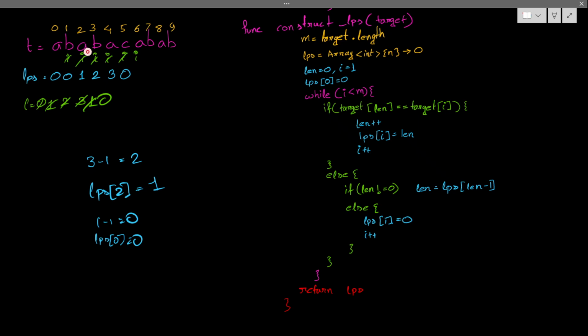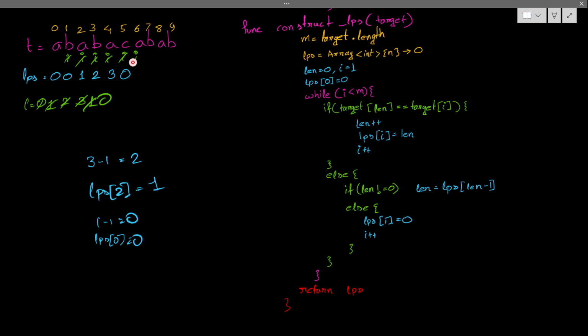Sorry, LPS of length minus 1. So length minus 1 becomes 2, and at index 2 it is giving me 1. So length becomes 1. So again I have to check the same index, length of target string. This is how we are checking this length.